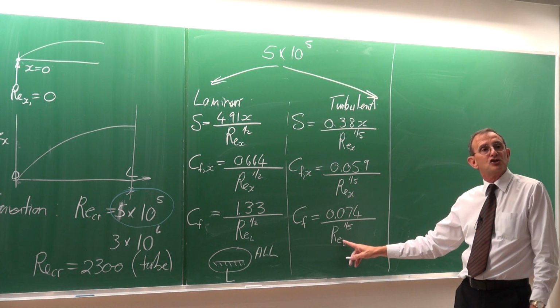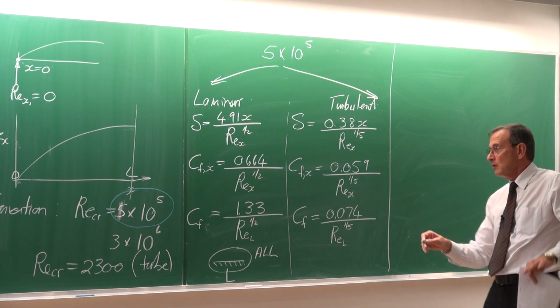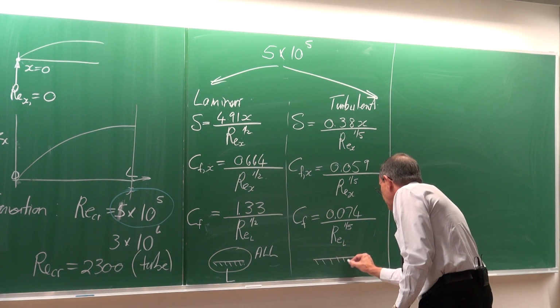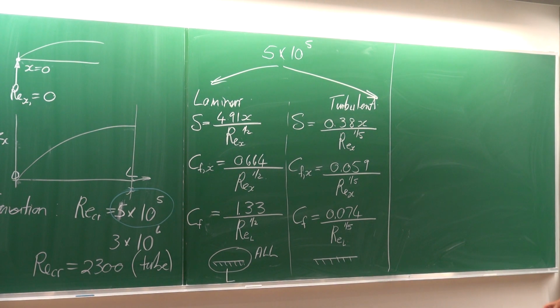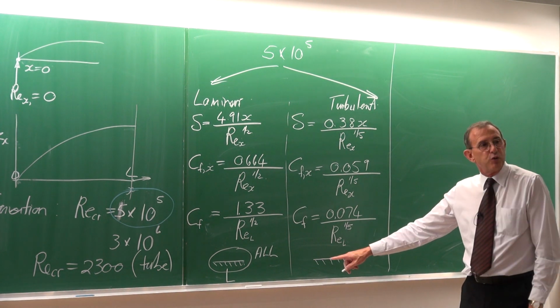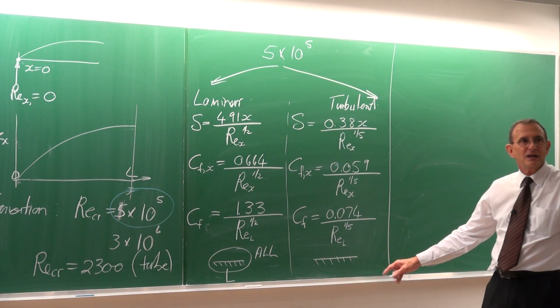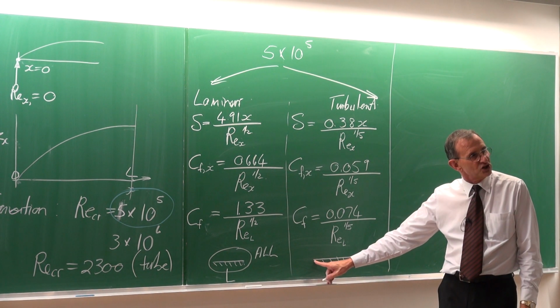However, if everything is turbulent on the total length of the plate, so let's suppose that is the plate, and now it is 400 or 500 millimeters, is it possible that everything can be turbulent on the plate? It cannot, because the leading edge is always 0.